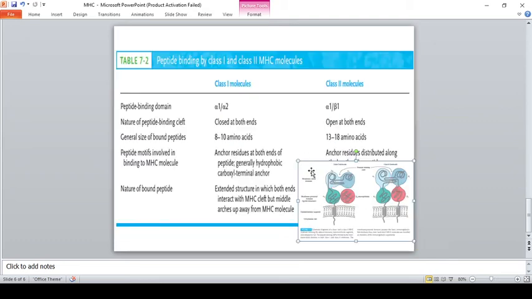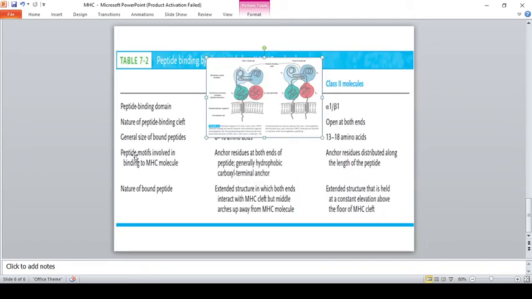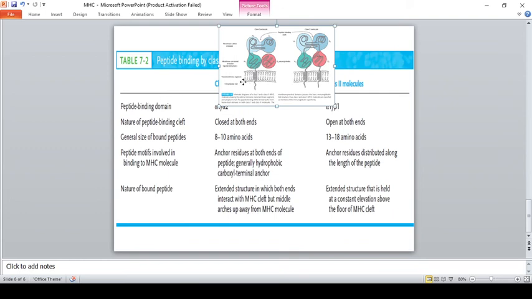I can explain this with the diagram. The bound peptide is an extended structure in which both ends interact with the MHC cleft, but the middle alone is away from the MHC molecule. In class 2, it has a constant elevation. So this is the nature of the bound peptide.